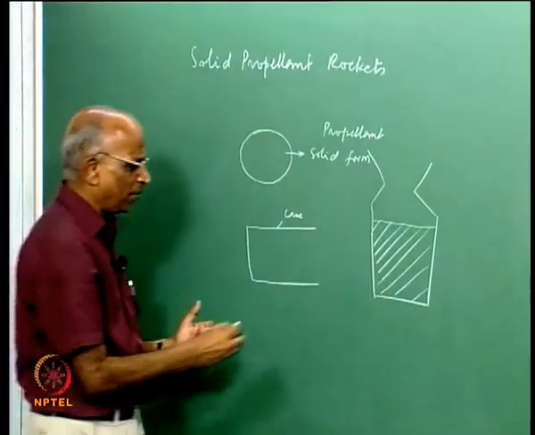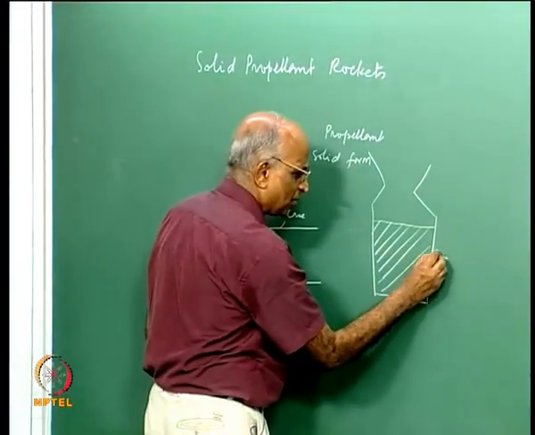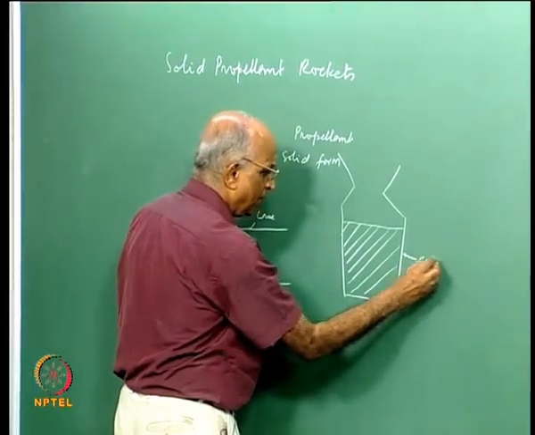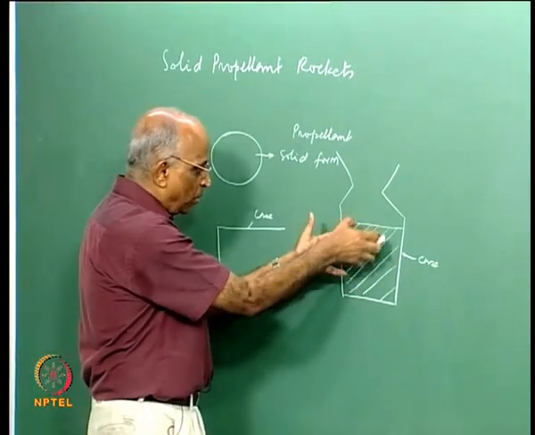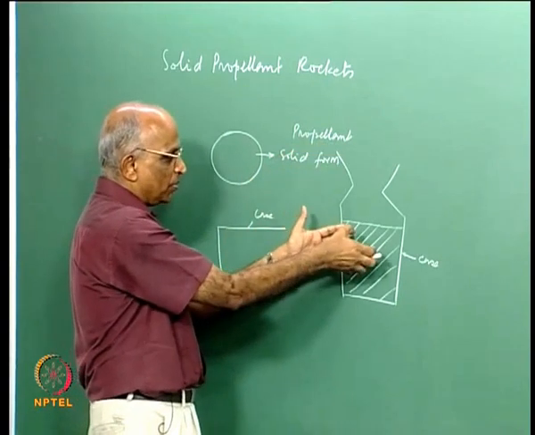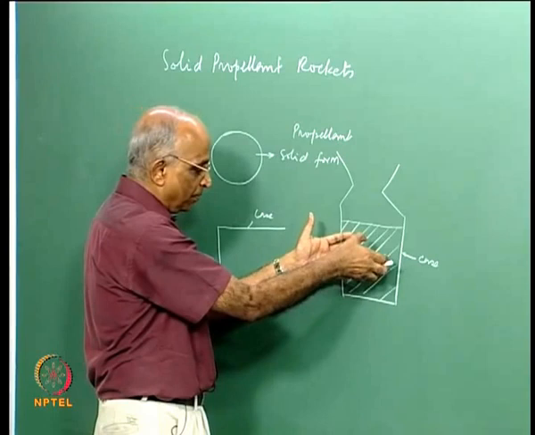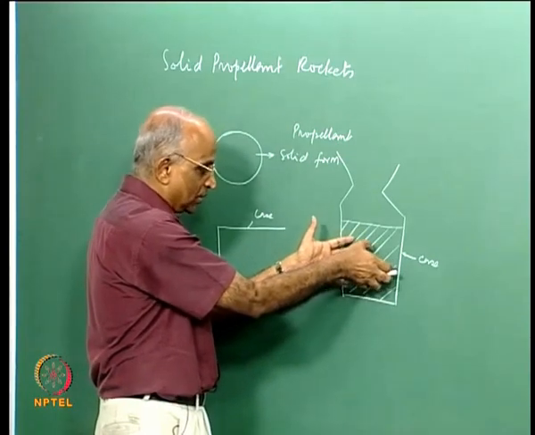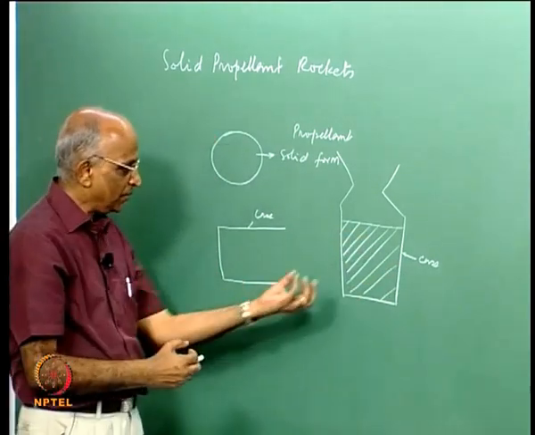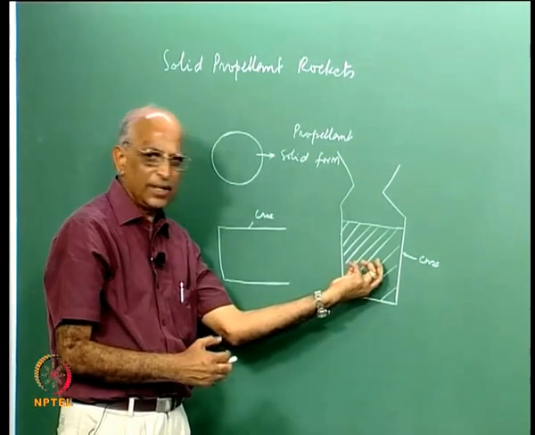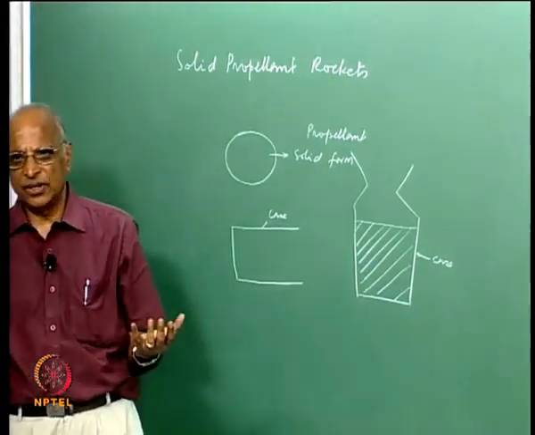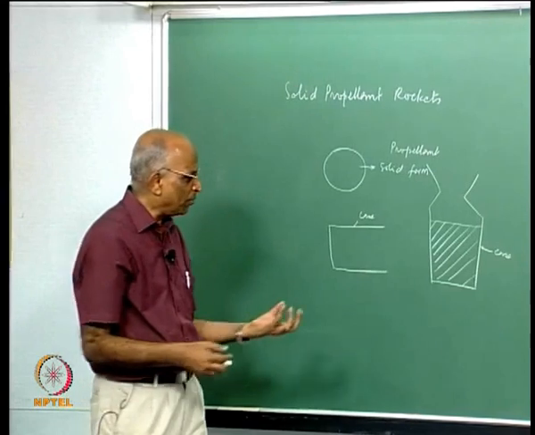Therefore, in a solid propellant rocket I have something like a structural member which is a case in which I pour the slurry of the mixture, maybe a composite slurry consisting of the binder, the ammonium perchlorate and aluminum. Then I take it into a furnace and cure it at a temperature between 70 and 200 depending on the composition.